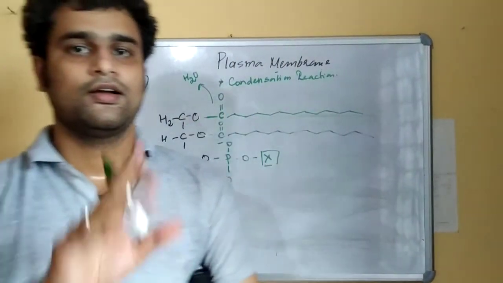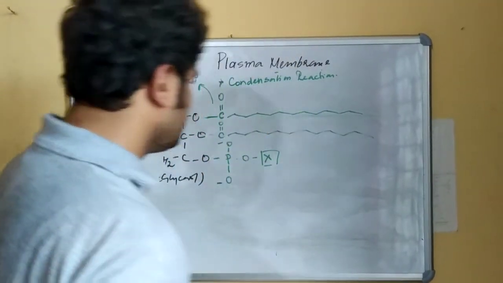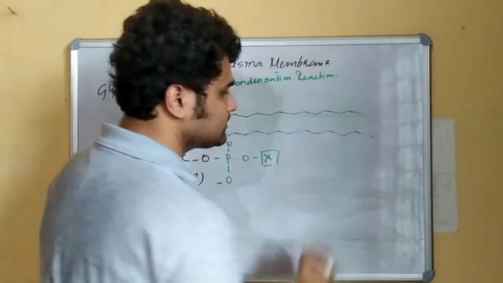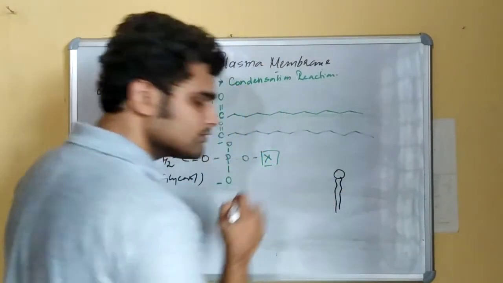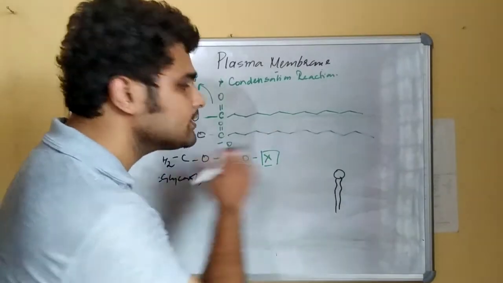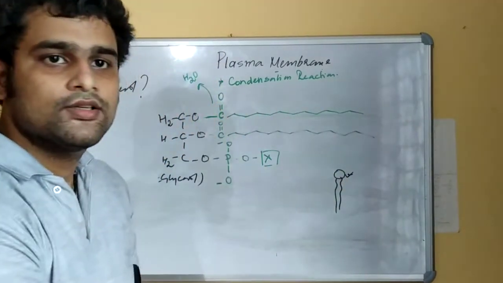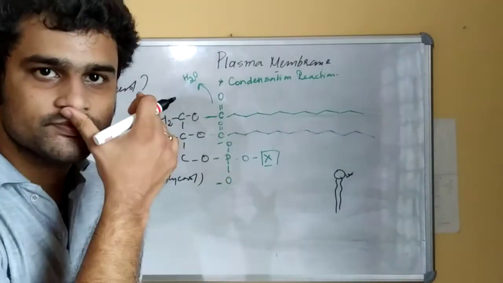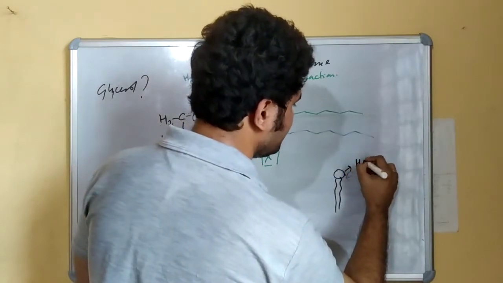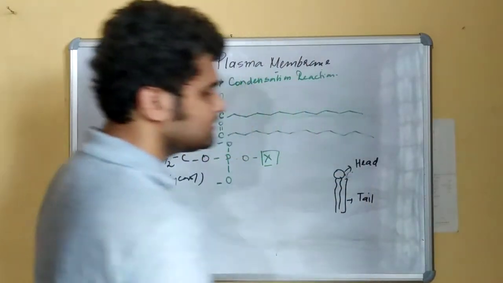Now, how do you relate this to the diagram that I gave you? When I draw lipids, I draw this way. So which one is what? This entire diagram is actually this. Remember, this portion right here is the head, and this entire thing is the tail.